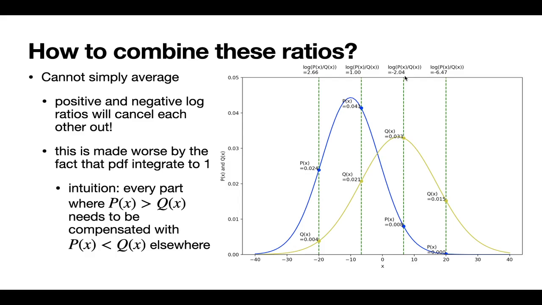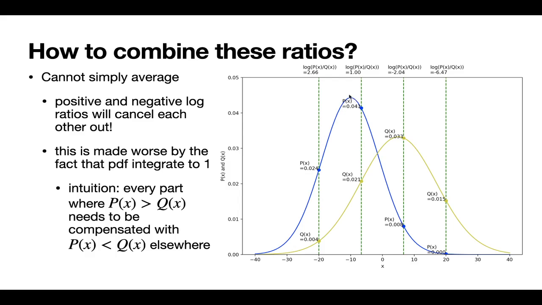And moreover, because PDFs integrate to 1, the fair, unbiased average among these log ratios is actually going to always approximate 0, regardless of how different the two distributions are. In order to understand this intuitively, you can remember that PDFs integrate to 1, and therefore the area under the curve of the PDF can be considered as a sort of limited resource.